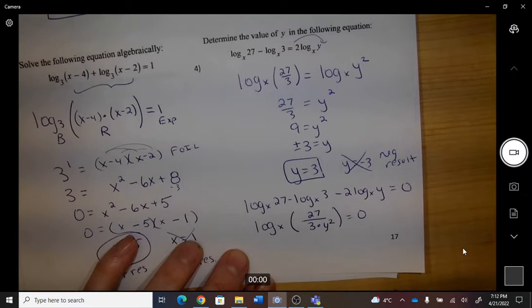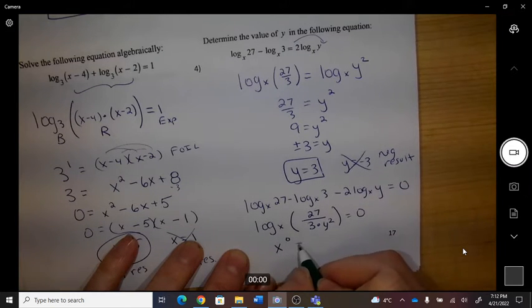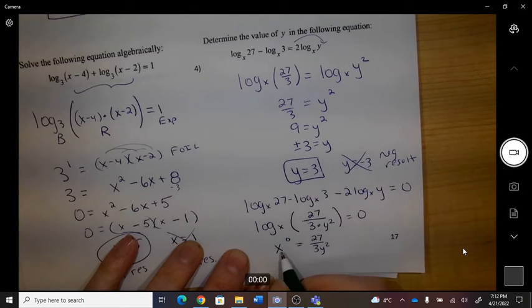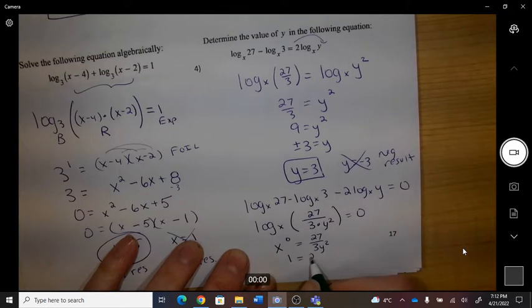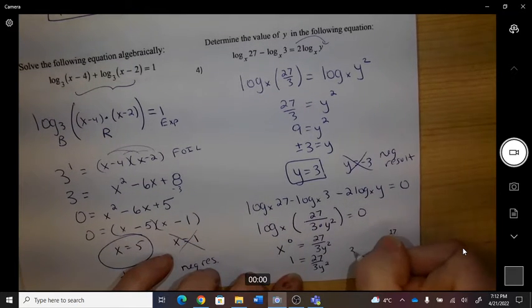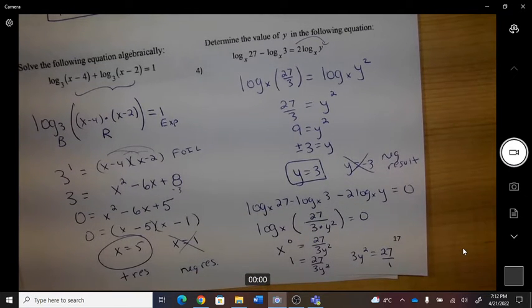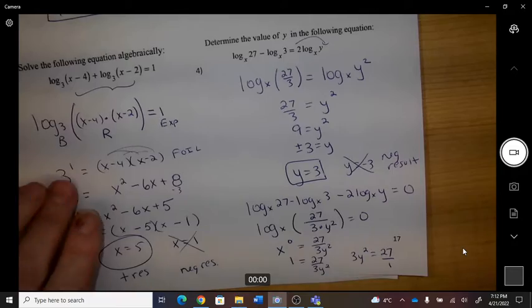Now if you arrange this, it would be base x exponent 0 equals this result. This is 1. Then you can see if I cross multiply, I can switch that, and then you can see y squared is 9, same.